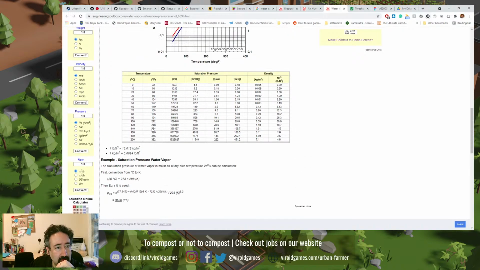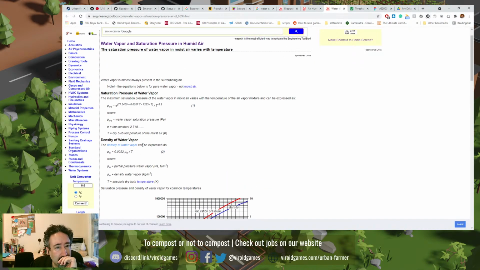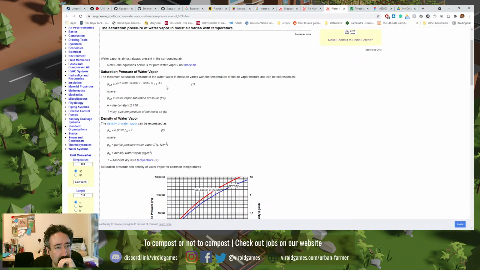When we do the density of water vapor, partial pressure water vapor.